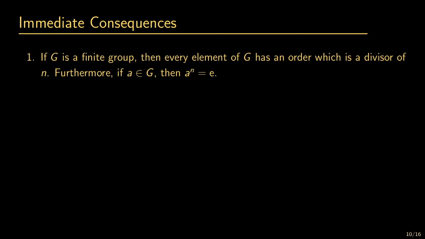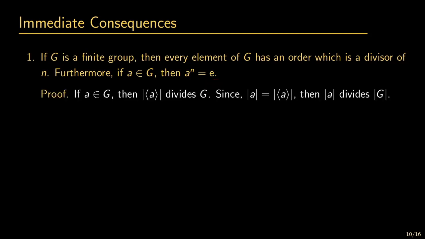So, lahat daw nung mga elements, di ba? May kanya-kanyang order yun. Yung smallest positive integer so that A raised to N is equal to E. In fact, kapag lahat ng element ng group mo, ni-raise mo sa N, where N is the order of the group, no? It will be equal to the identity.